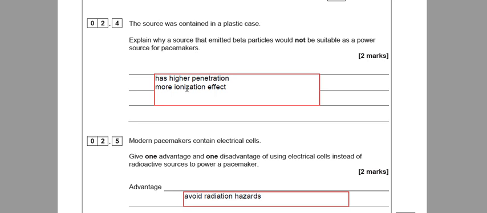So we can change this way of expression just to make ourselves clear to the examiner and say that it has more ionization effect on cells.